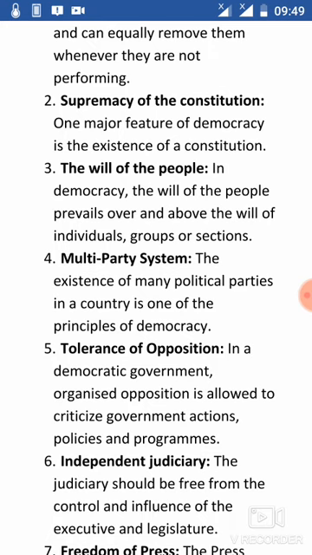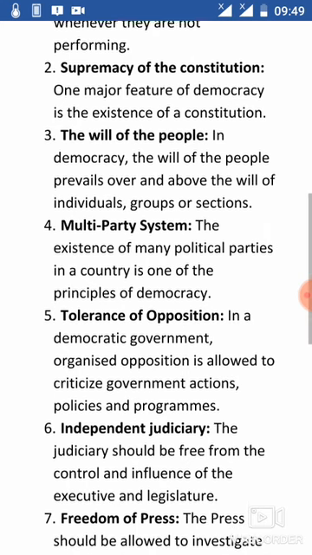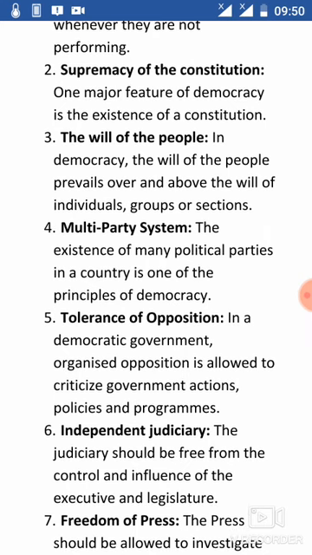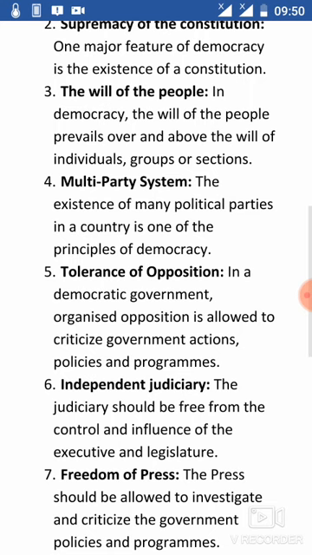The existence of many political parties in a country is one of the principles of democracy. These political parties compete to ensure that the right people are elected. Number 5, we have tolerance of opposition.